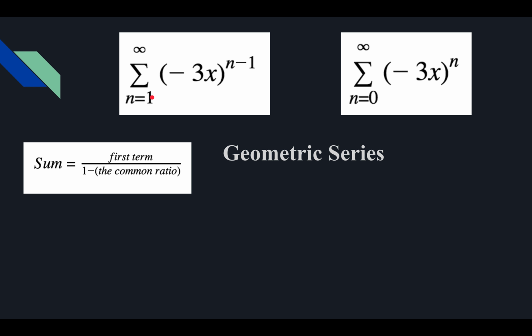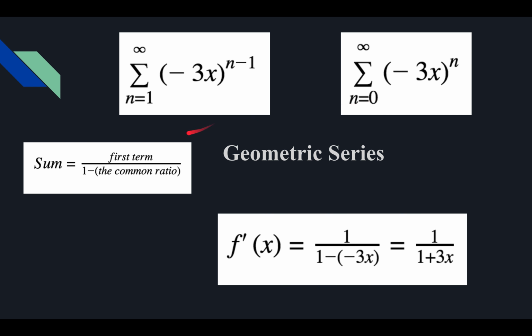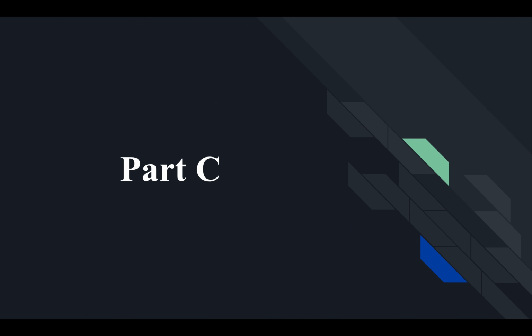In both cases here, whether we plug in 1 into this series or 0 into this series, we will always get 1. And we can see that the common ratio in both of these is negative 3x. And simplify, so we get 1 over 1 minus negative 3x, which gives us 1 over 1 plus 3x. Next is part C.